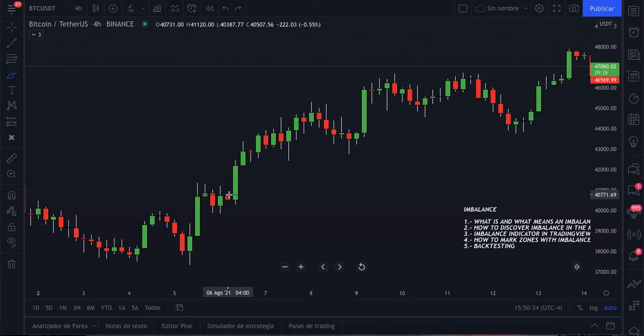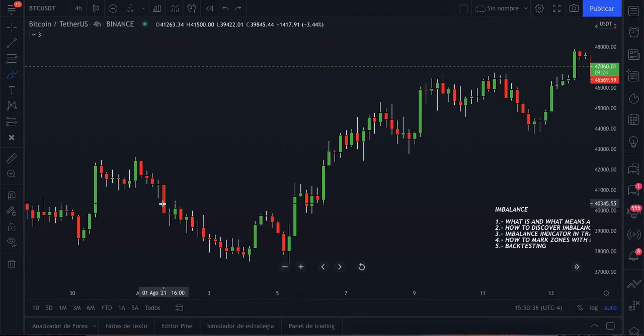We can also see this situation, for example, here. So price is really efficient, buyers and sellers, buyers push a little bit more here, then sellers, and then we have a big candlestick. So here, in this moment, sellers have more control of the price, more control of the market against buyers, right?